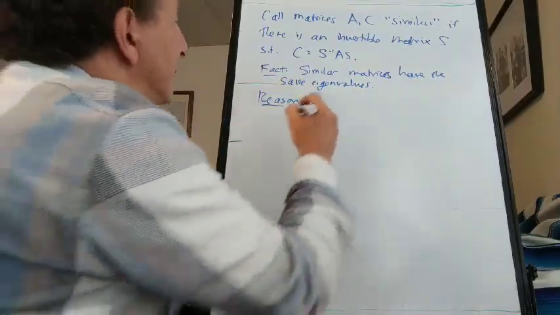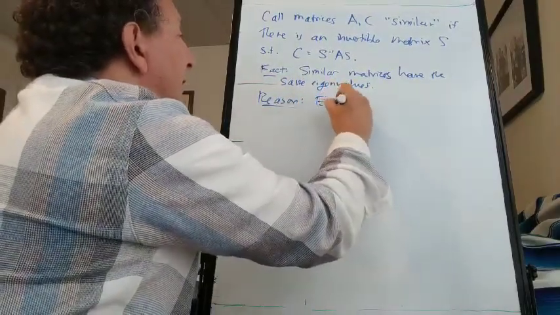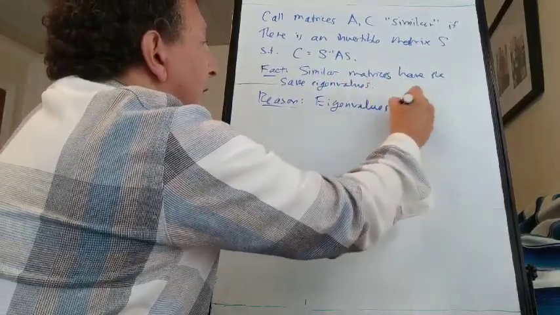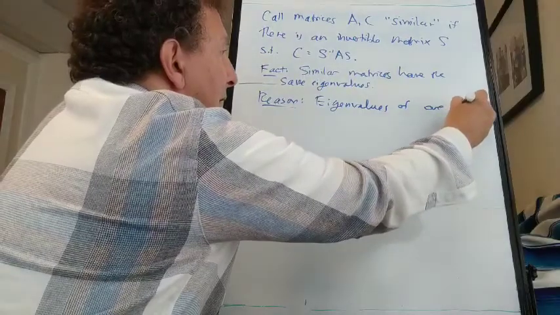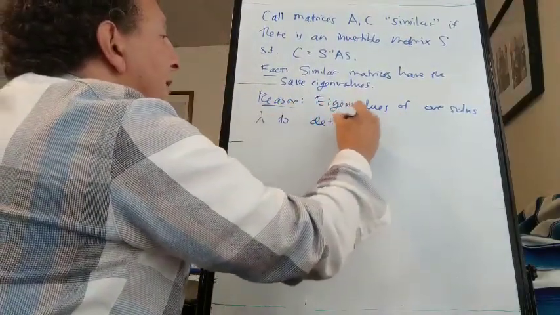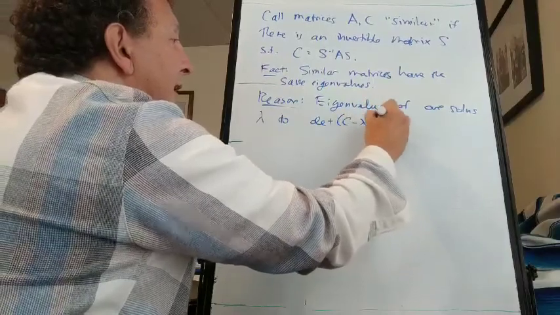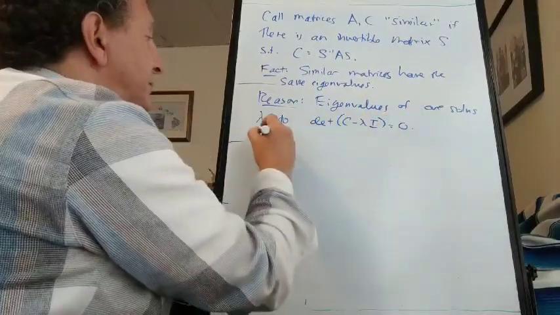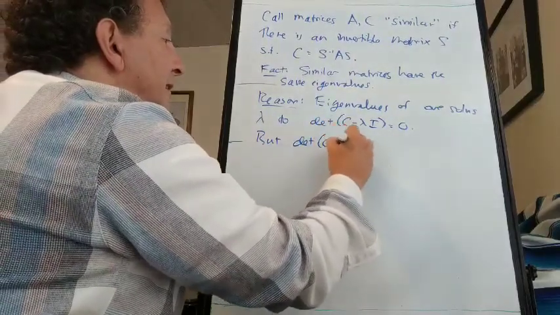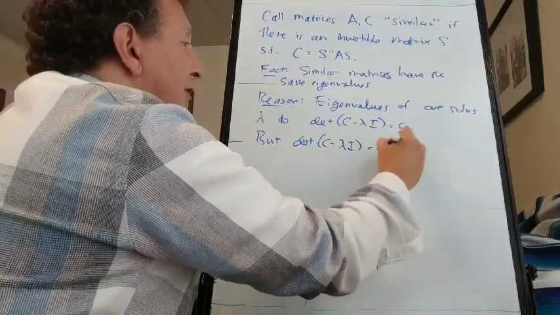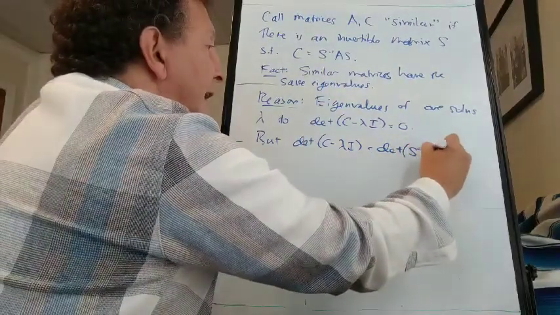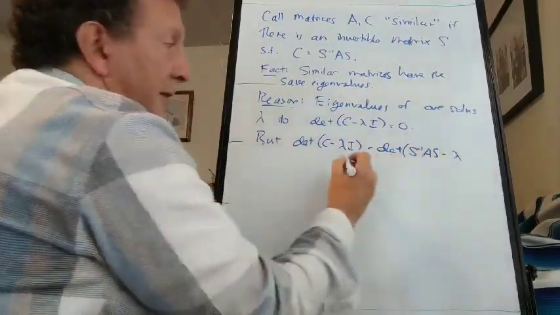And the reason that they do is that the eigenvalues of C are the solutions lambda to determinant of C minus lambda I equals 0. But determinant of C minus lambda I equals determinant of S inverse AS minus lambda.